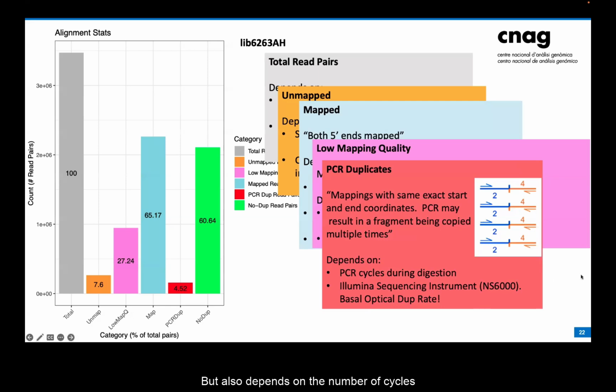But it also depends on the number of cycles you use during the digestion. Well, actually, it's not during the digestion, it's during the library prep for Illumina, no? So that was wrong. And it's also affected by the sequencing instrument you use.